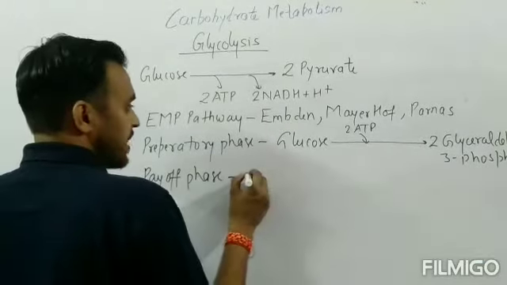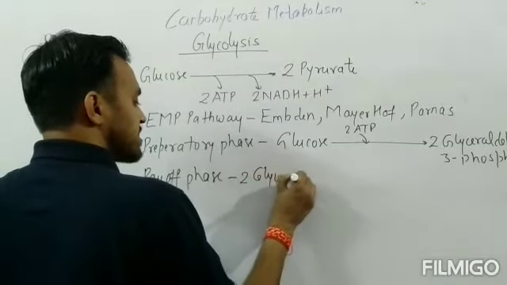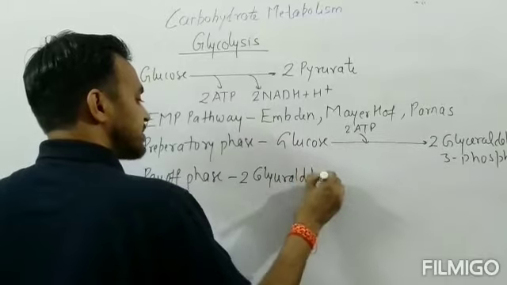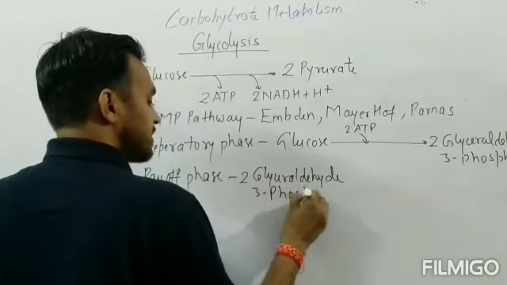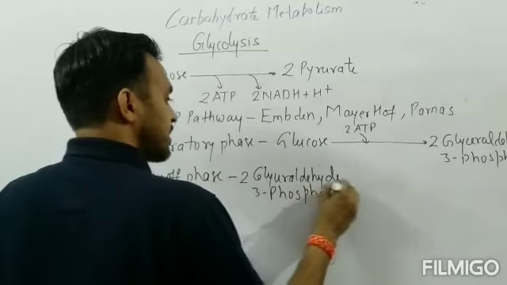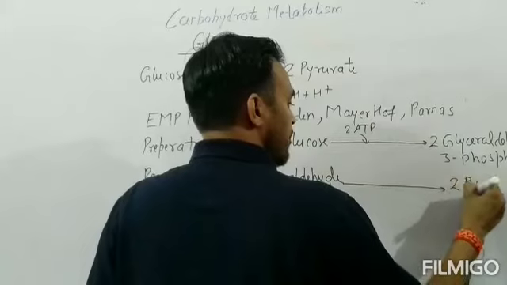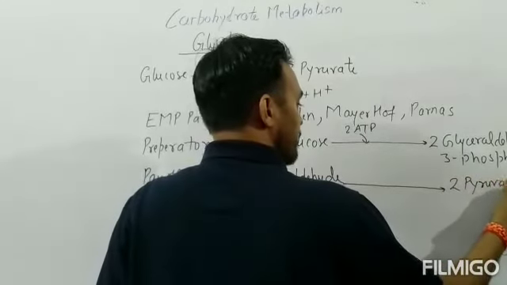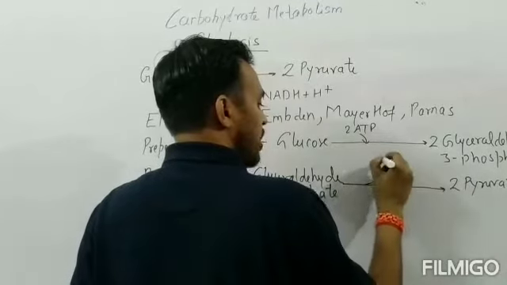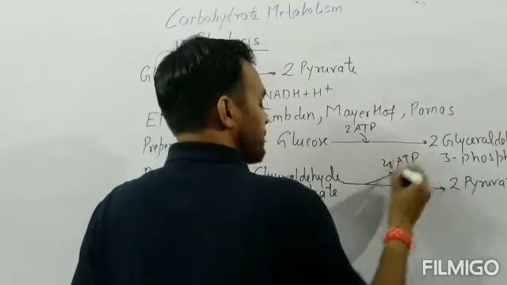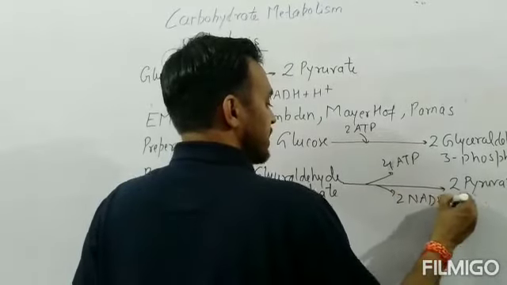and in the payoff phase, two molecules of glyceraldehyde 3-phosphate give two molecules of pyruvate and yield four molecules of ATP and two molecules of NADH.